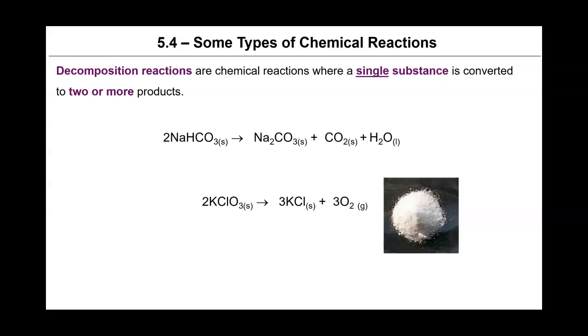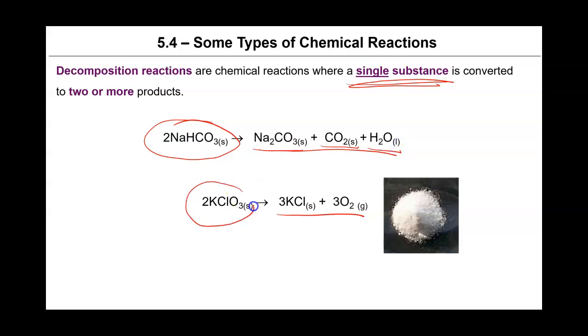Decomposition reactions are kind of the reverse of a combination reaction. In a decomposition reaction, a single substance is converted into multiple products. Here we have the single substance sodium bicarbonate, and it decomposes to produce sodium carbonate, carbon dioxide, and liquid water.